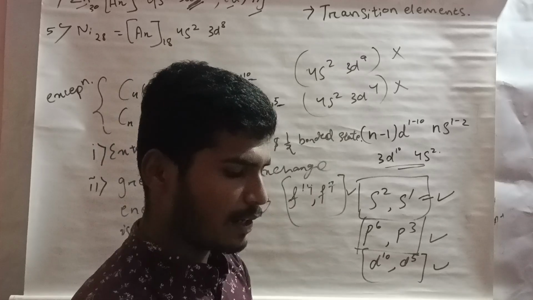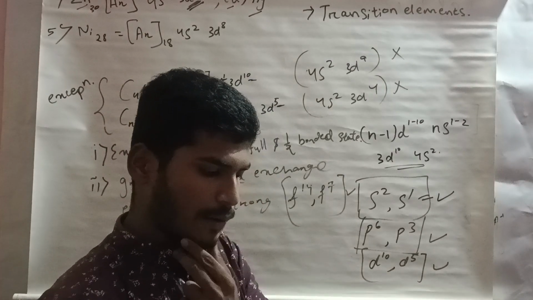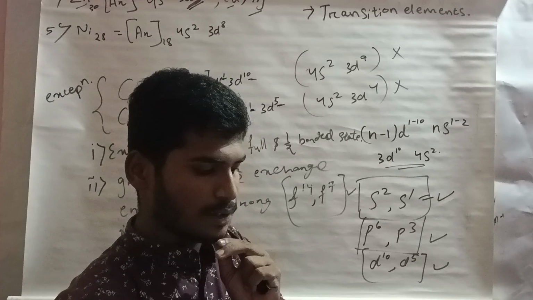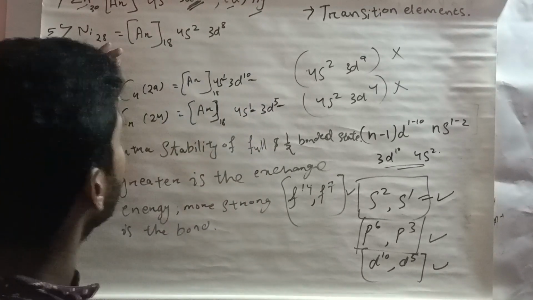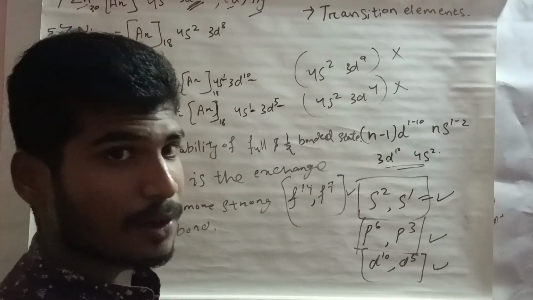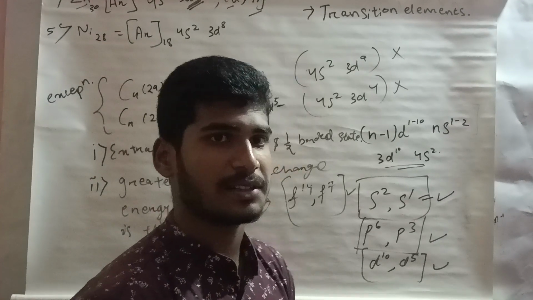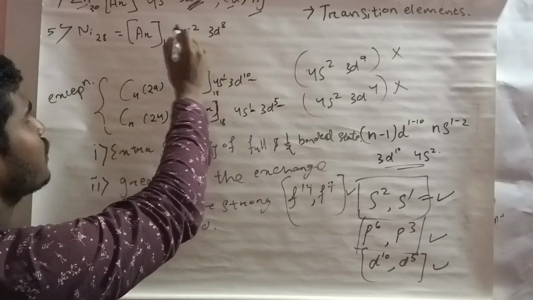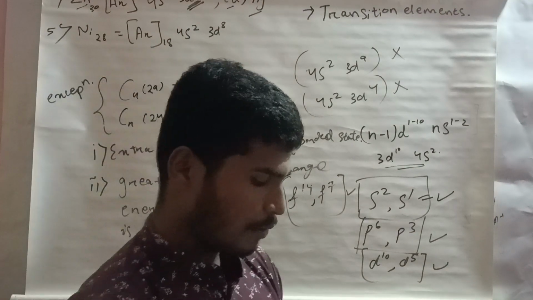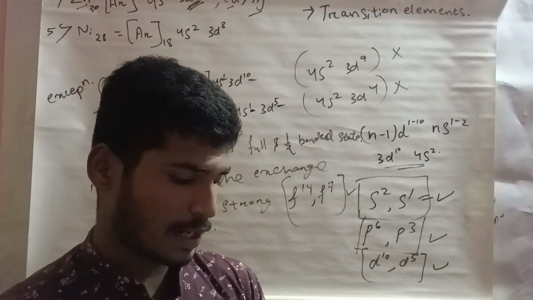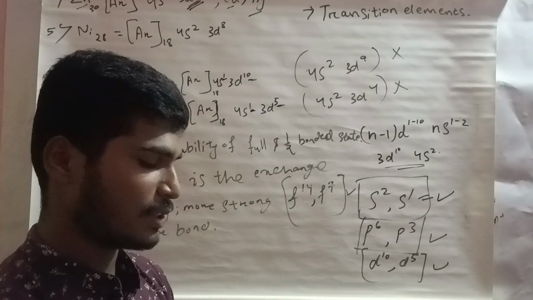Now all transition elements are d block, but the reverse is not true. It means all transition elements are d block elements, but all d block elements are not transition elements, due to these three exceptions. Now, why are d block elements also known as transition elements? This is the question.